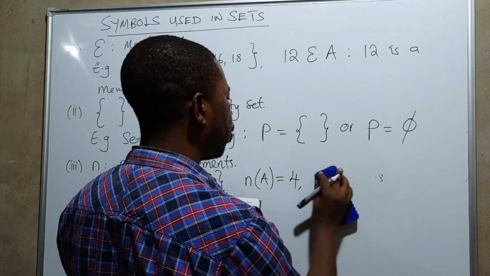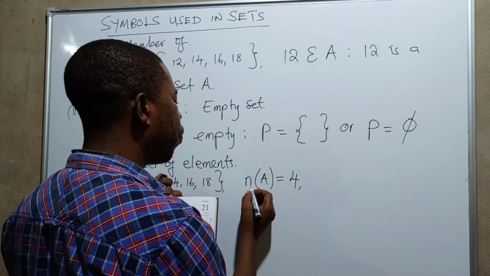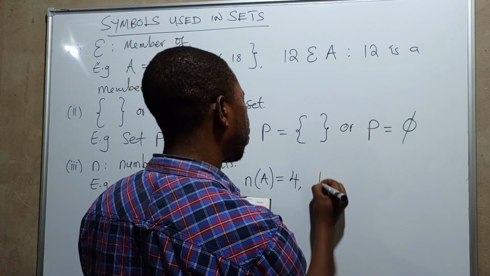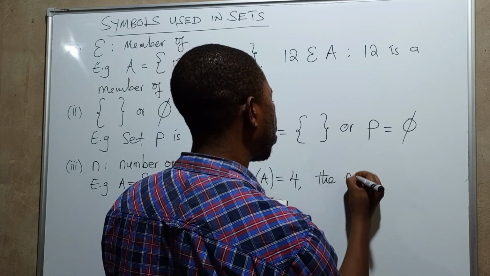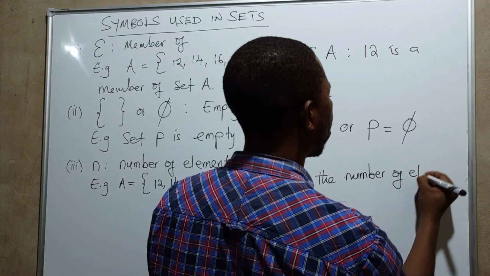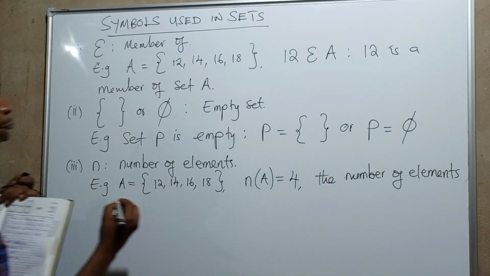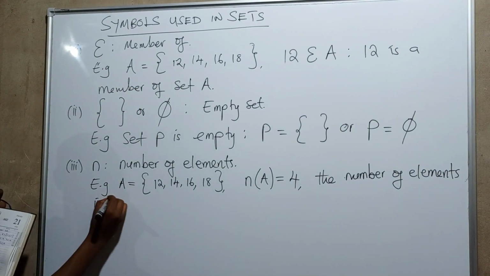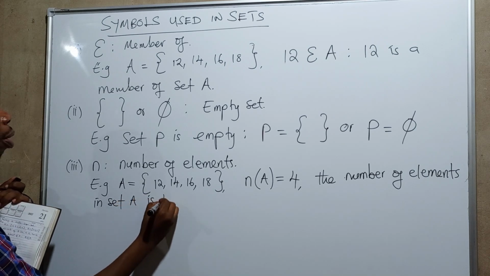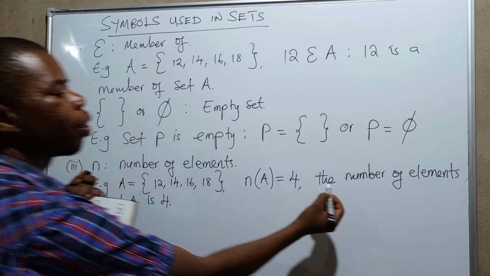It means the number of elements in set A is 4. So this is the short way of writing this statement.